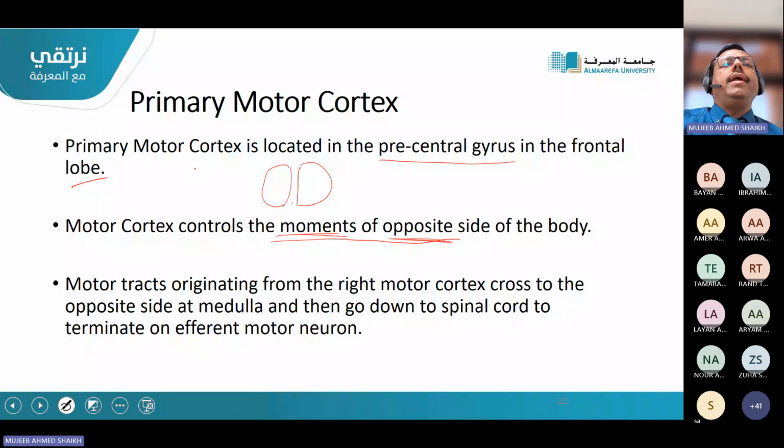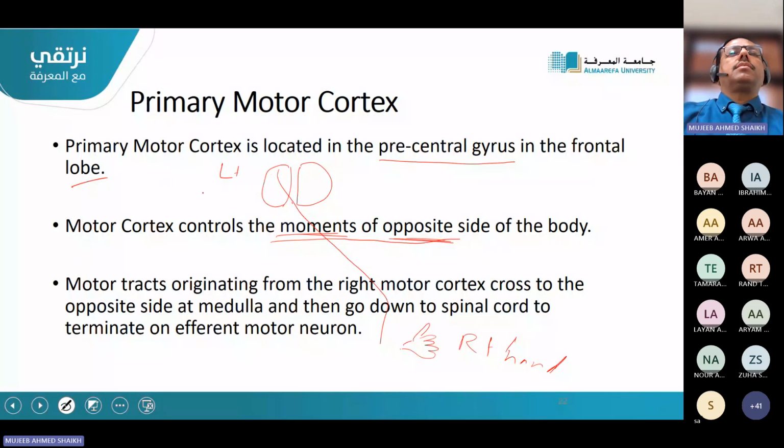It is controlling the activity of the opposite half of the body. Here is the arm. This is left and this is right arm, right hand, suppose. So the activity of the right hand is controlled by the left lobe of the cerebral cortex. Similarly, the right lobe will control the activity of the left hand.